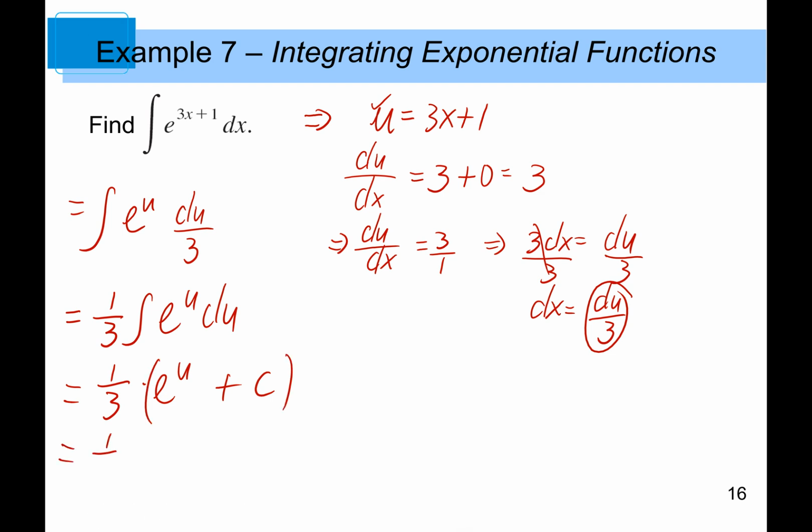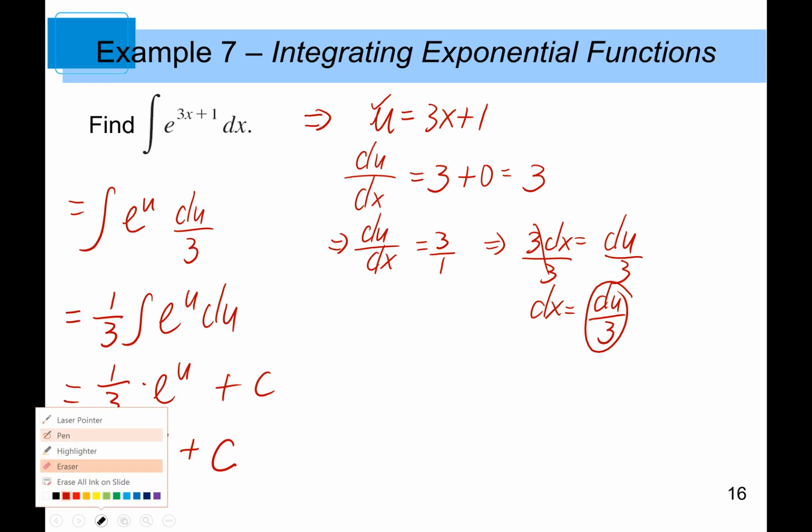So it becomes 1/3 of e to the u. For 1/3 of c, we can just use another constant to replace it, so it's plus c. Let me just keep it simple without the parentheses. It probably looks a little bit easier: one-third e to the u plus c.